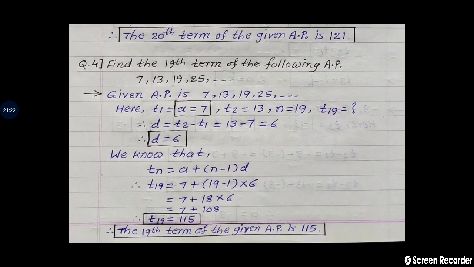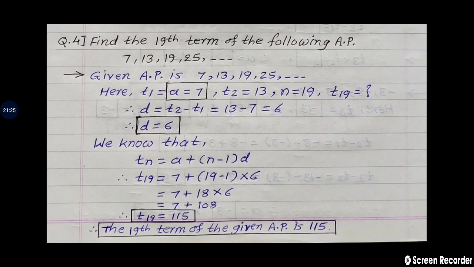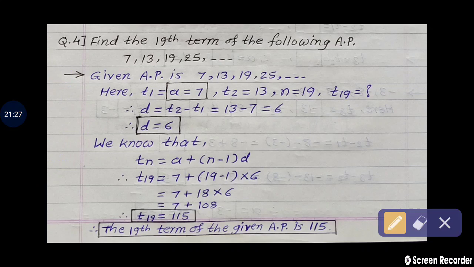We solve one more question. Question number 4. Find the 19th term of the following AP: 7, 13, 19, 25, and so on. So, answer. What is given? An AP is given to us: 7, 13, 19, 25, and so on.